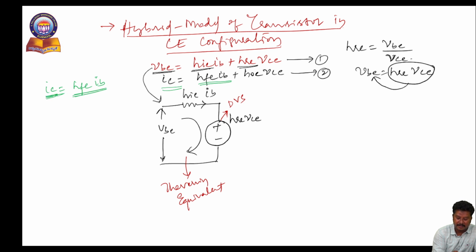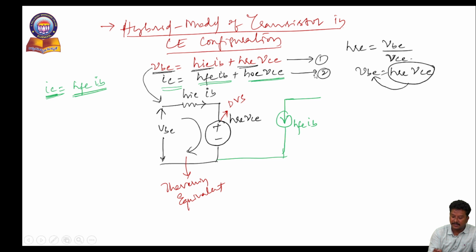That current behavior I am representing with a dependent current source, HFE IB. And from the second part of the second equation, IC by VCE is equal to HOE.